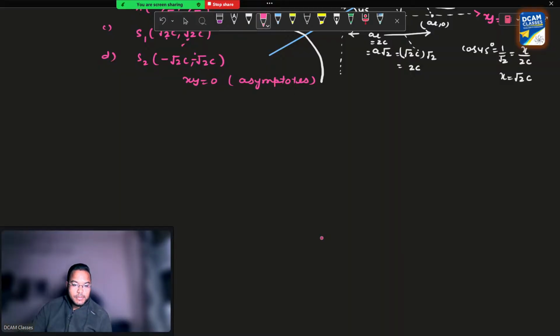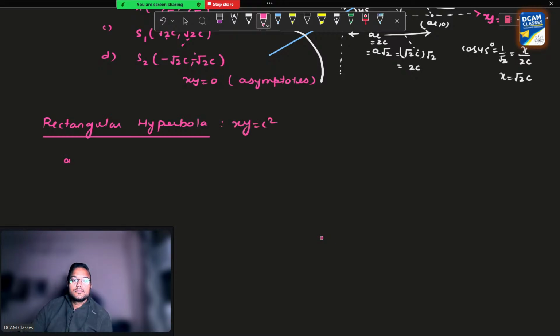Whenever you are solving something, you have to assume some parametric point on it. One parametric point, I'll say, is ct comma c by t. This is the common parametric point that is taken.